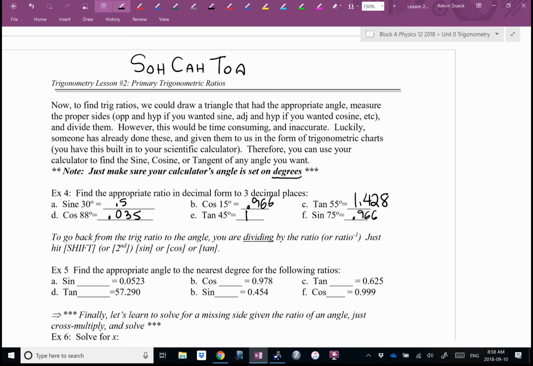What's the sine of 5 degrees? I think a smaller decimal. What's the sine of 1 degree? A smaller decimal? What's the sine of 0 degrees? Sine of 0 is 0.